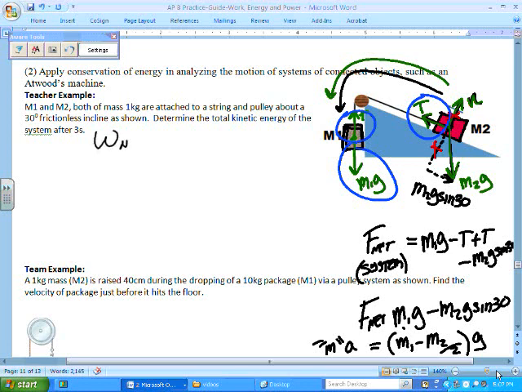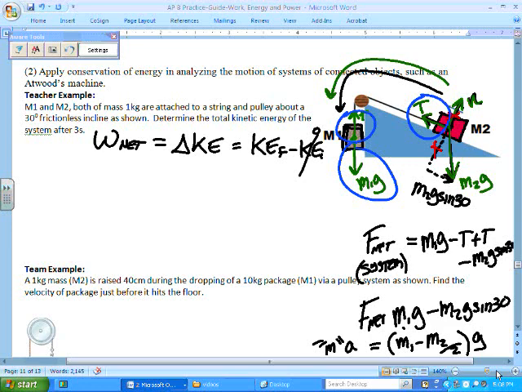So we know that the net work done on the system is going to equal the change in kinetic energy, which we talked about as being equal to the final kinetic energy minus the initial kinetic energy, which started out at 0 anyway. So if we want to find the final kinetic energy, we really should find what work is done over 3 seconds.